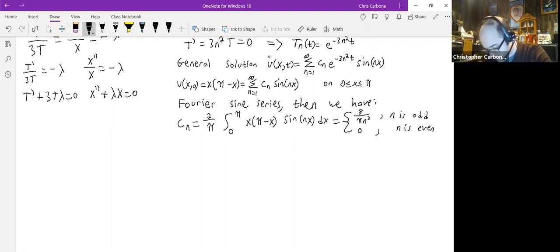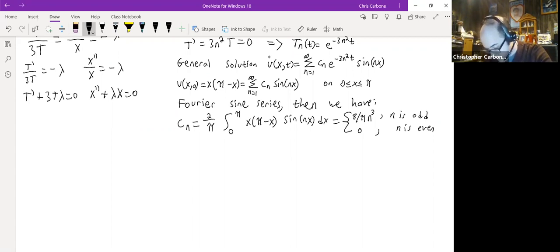Actually, let me rewrite that a little bit nicer so it's easier to read: 8 divided by pi times n cubed.